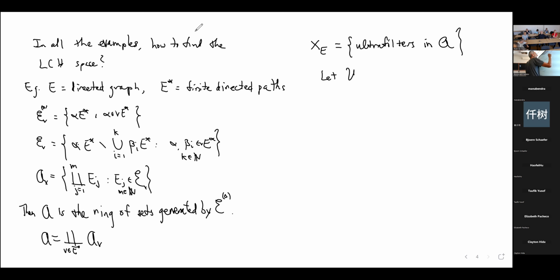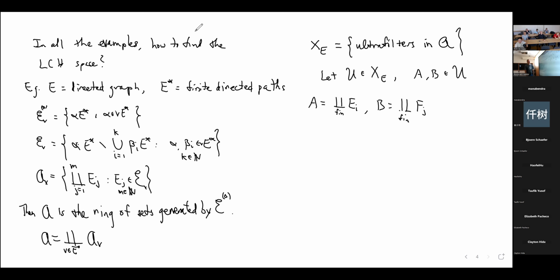Let U be one of these ultrafilters, and let A and B be elements of U. So we know that we can write A as a finite disjoint union of E_i, where the E_i come from capital E, and B is also a finite disjoint union of, say, F_j.